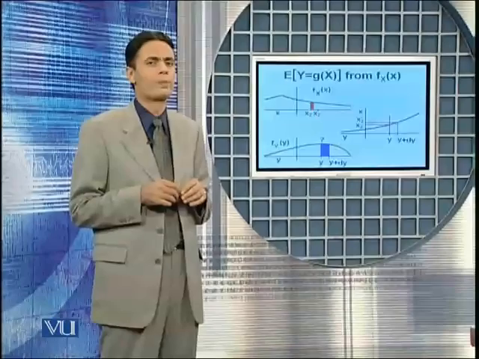So if you know the PDF of the underlying random variable, which you always know, and the nature of that transforming function, which maps values of the underlying random variable to values of the derived random variable, you can arrive at the values of those moments directly by working with the PDF of the underlying random variable and the transforming functions.